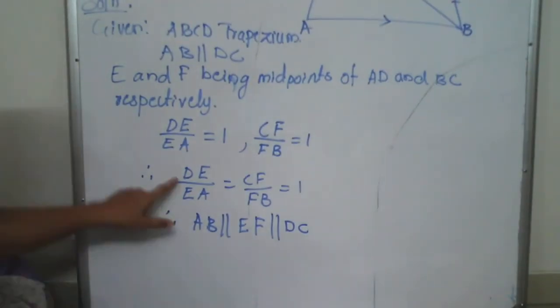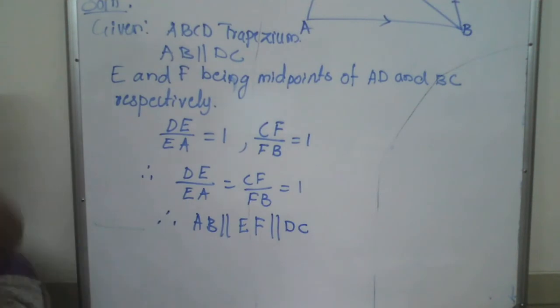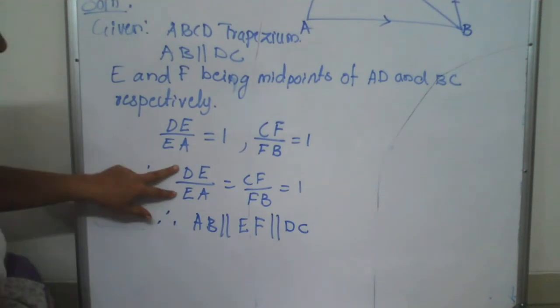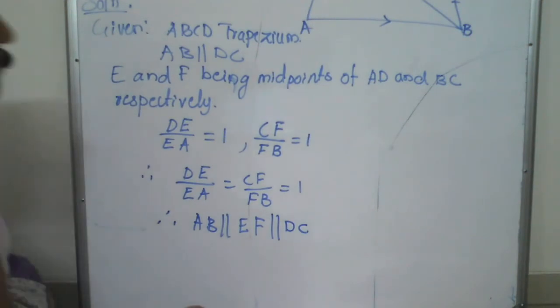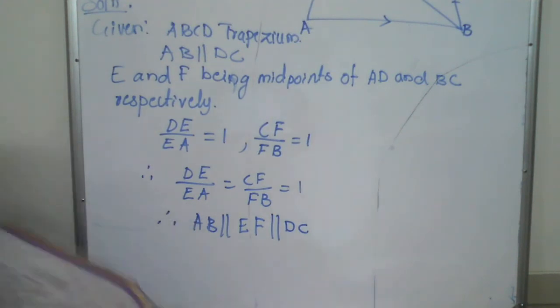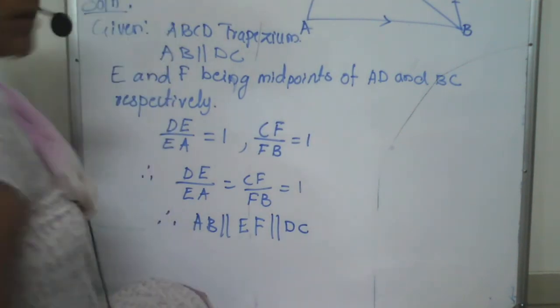The parts are equal, hence the ratio is going to be equal. But we have another transversal, or we can say another diagonal of the trapezium which is acting as a transversal, and we have to take that as a part of the question and then solve.